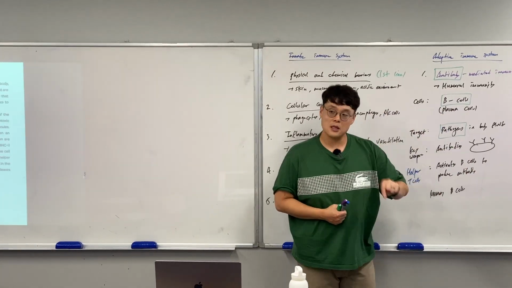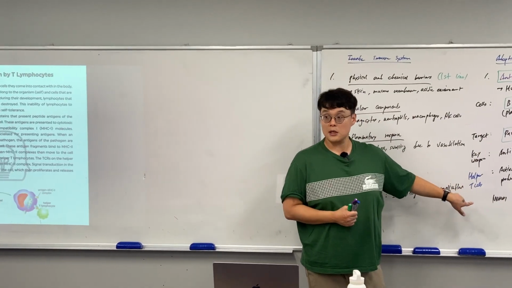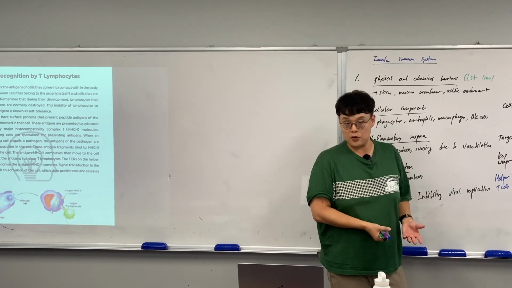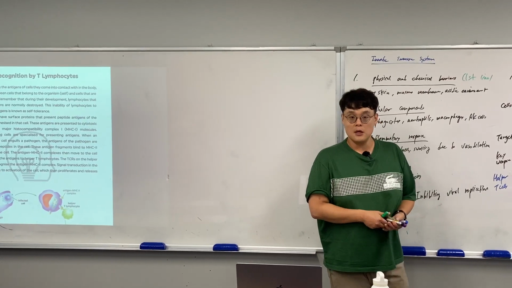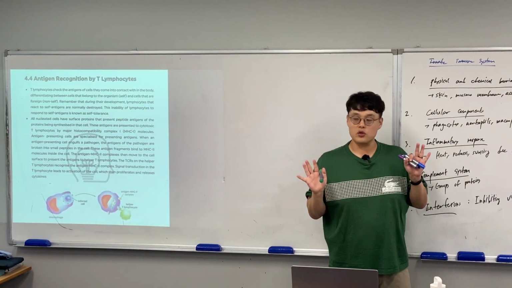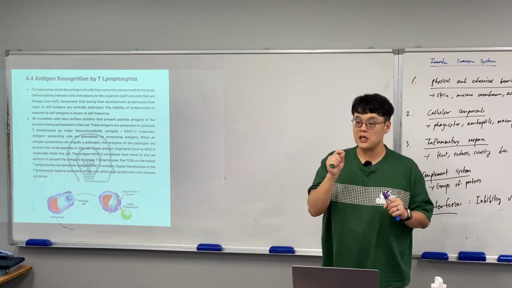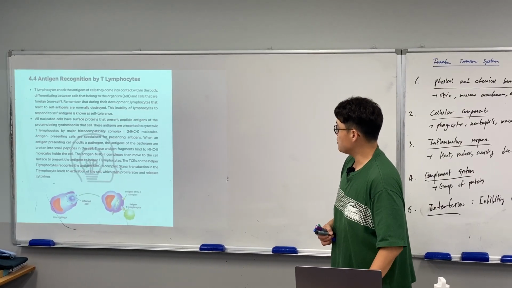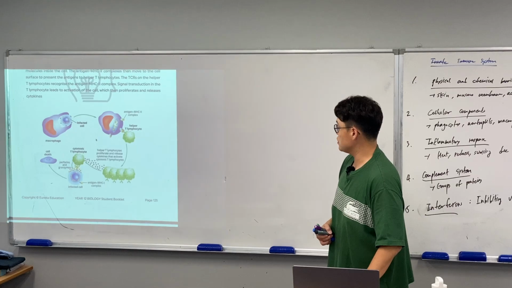The question is, how does the helper T cell then recognize that type of the antigens from the pathogens? Okay, I won't talk too much about the chemistry behind it here. There's no need to know about any chemistry, but it's good to know some key terms used in here. So page 125 gives you some ideas about how the helper T cells do that.